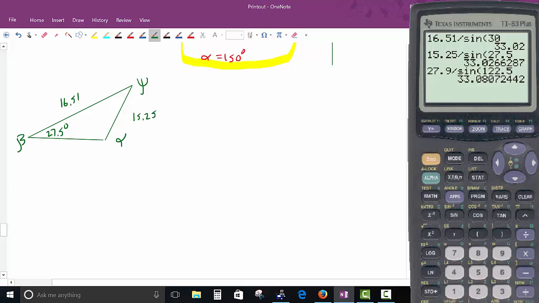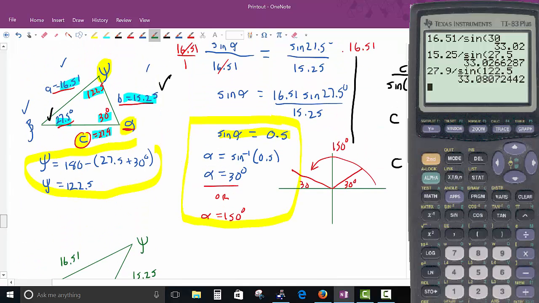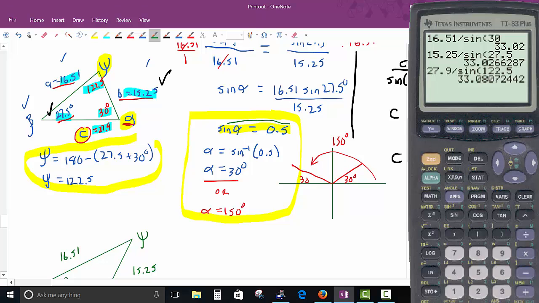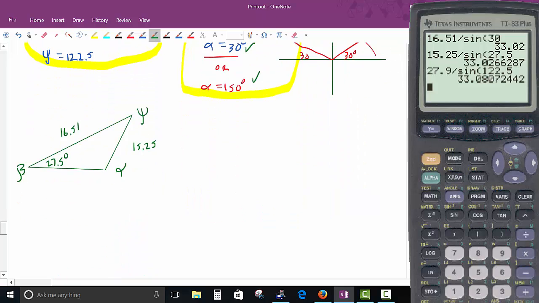What we found, when we were doing the sine of alpha as 0.5, is that it could either be 30 or 150. So what we want to do now is work with alpha being 150, then we can finish up the problem. What we need to find, in other words, is alpha and side C. If we can find those, then the problem is solved.